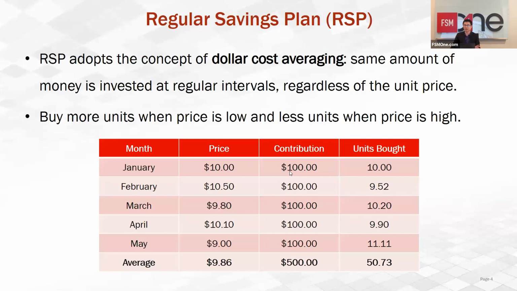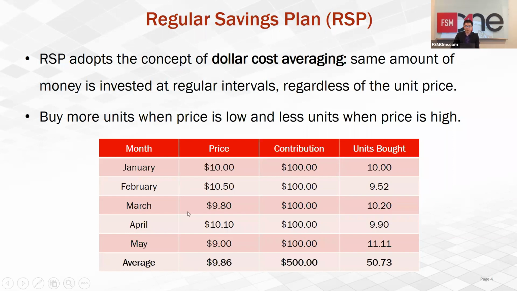And in the month of Feb, the price of this investment goes up by 50 cents. But the monthly contribution of this investor still remains $100, so it also means that with the higher price, this investor is able to buy fewer units from the market.